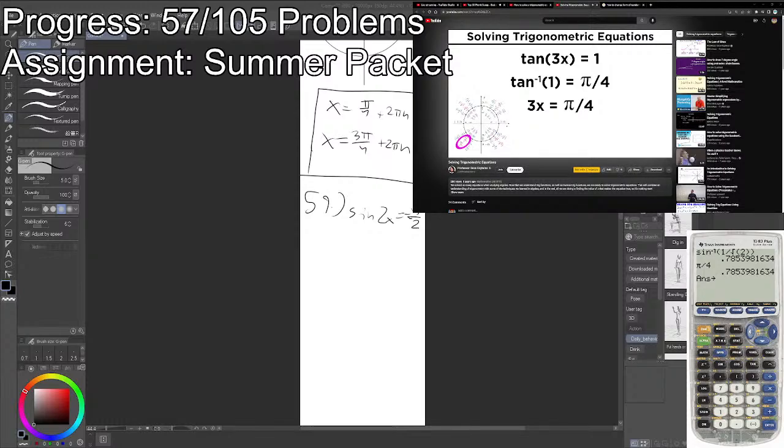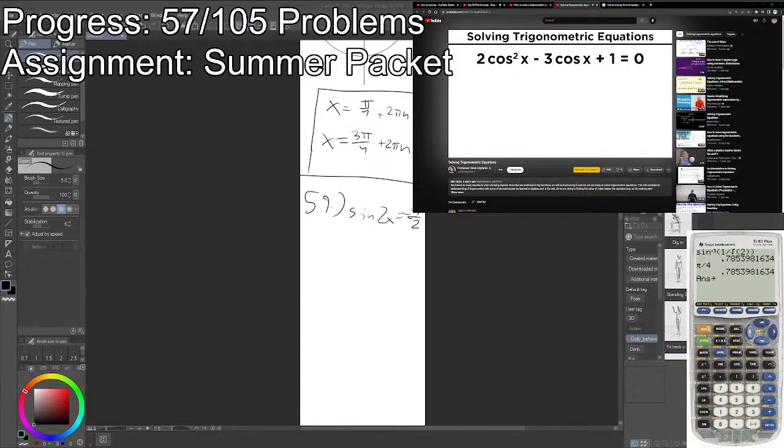If we go to the other side, negative root 2 over 2 divided by negative root 2 over 2 also gives us 1 for the tangent. So 5/4 pi works as well. That means that 3x equals quarter pi plus n pi. Now to solve for x, we divide both sides by 3. That leaves us with pi over 12 plus n pi over 3.